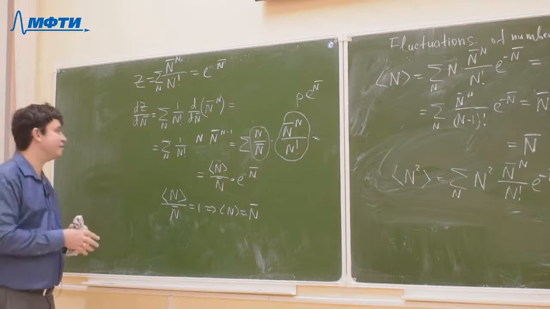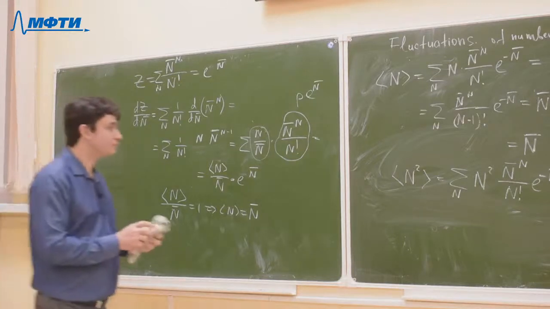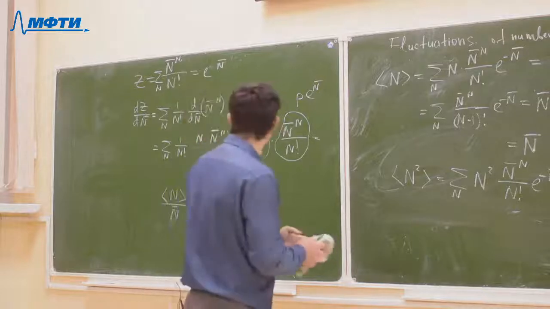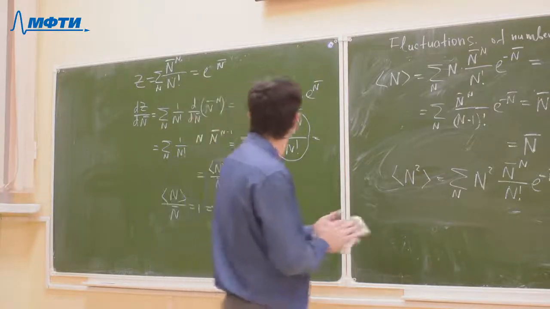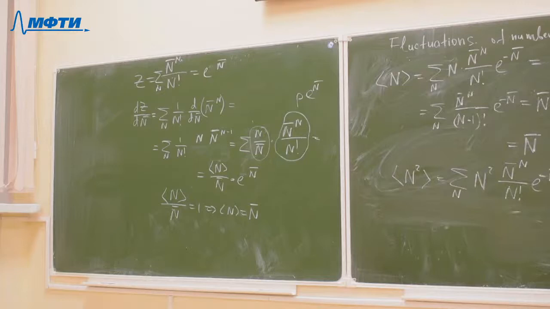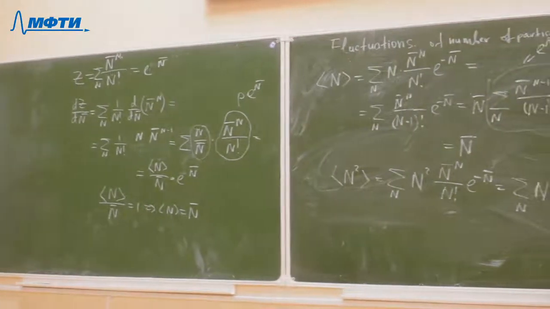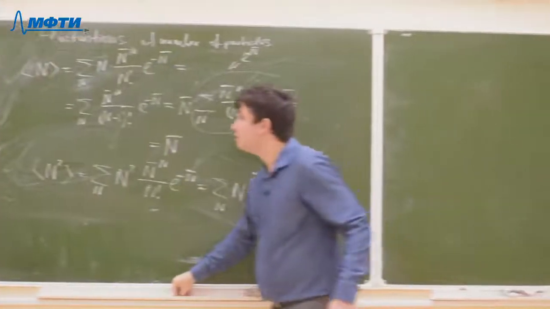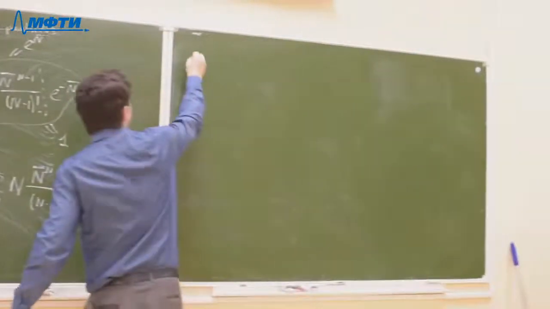So we need to calculate the second derivative of this function Z. And this second derivative would give us something related to the variance of the number of particles in the selected volume. Okay, let's do this. So the second derivative.